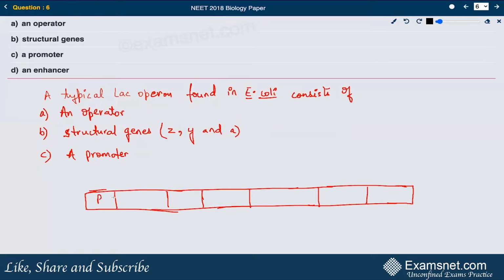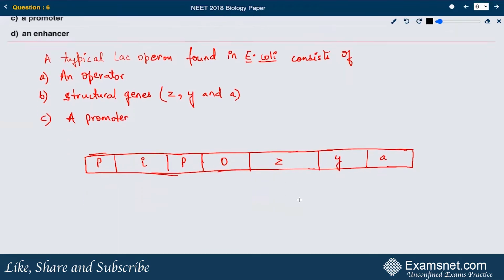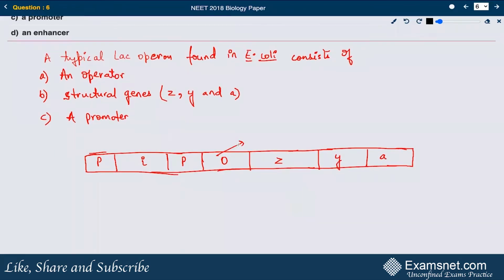So this is the promoter site over here. Then this is the I gene, operator, and then Z, Y, and A. This one is the operator.